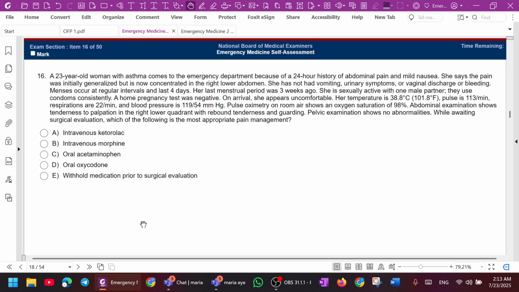Her menstrual period was 3 weeks ago. She is sexually active with one male partner. They use condoms consistently. A home pregnancy test is negative on arrival. She appears uncomfortable. Temperature is 38.7, pulse 113 per minute, respiration 22 per minute, blood pressure 119/54. Pulse oximetry on room air shows oxygen saturation of 98%.